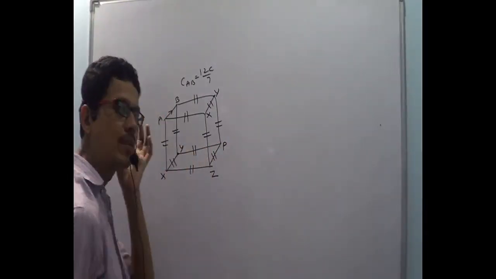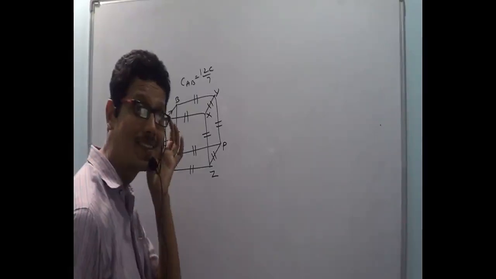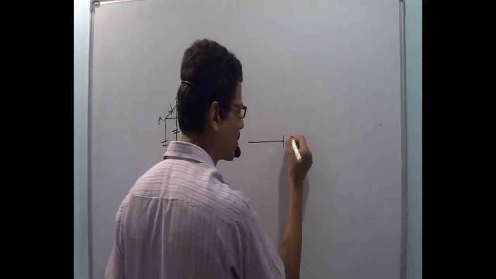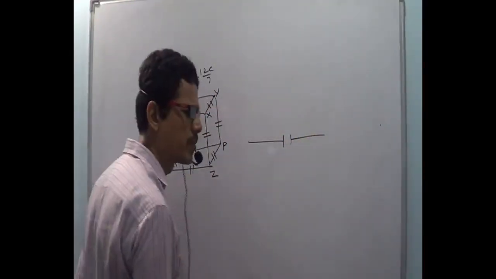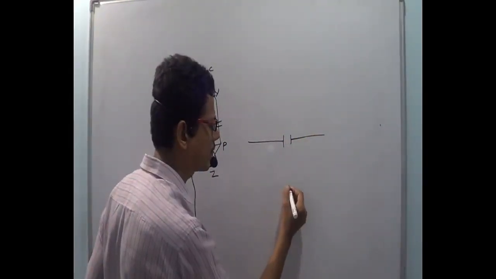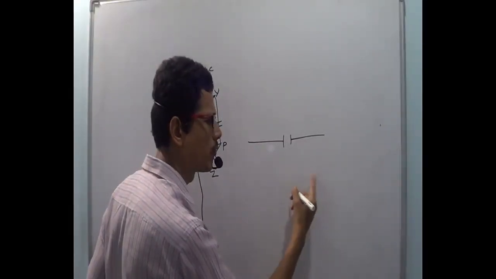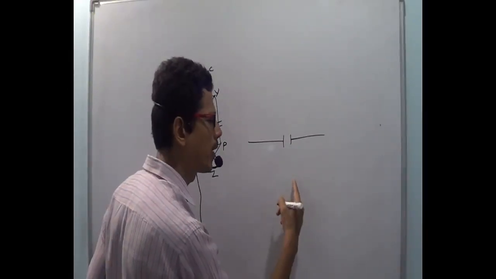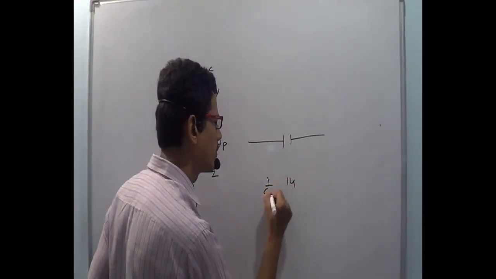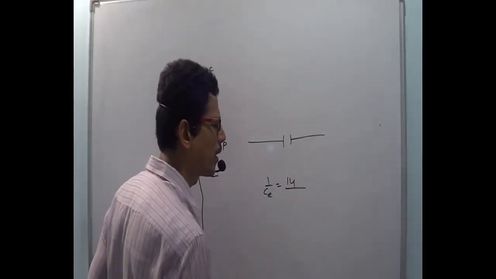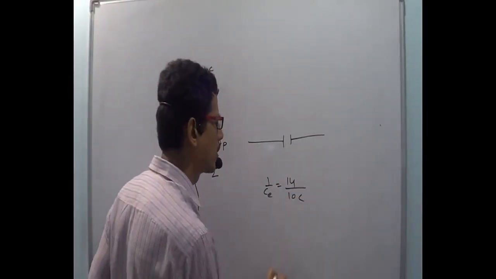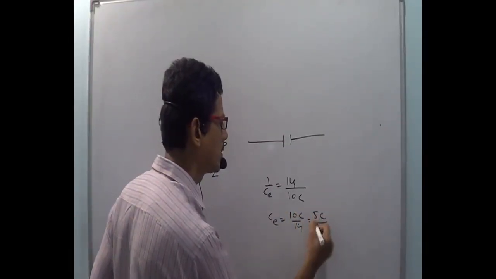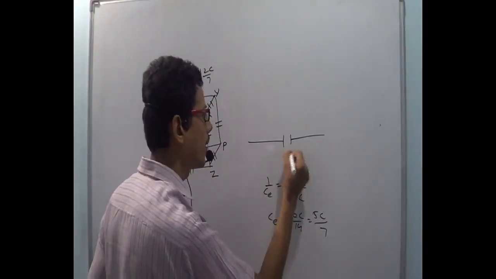A and B, I forgot. Above A and B there is another capacitor, one here. So how much did we actually get? Above, 14 came. 1 by C effective is 14 by 10C, right? Okay, what does C effective become? 10C by 14, that is 5C by 7.